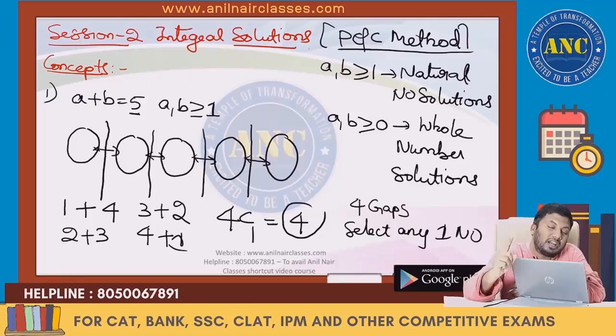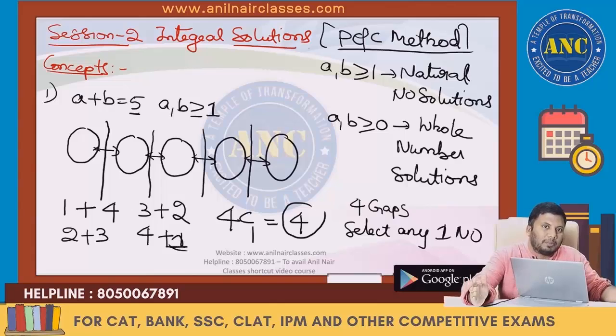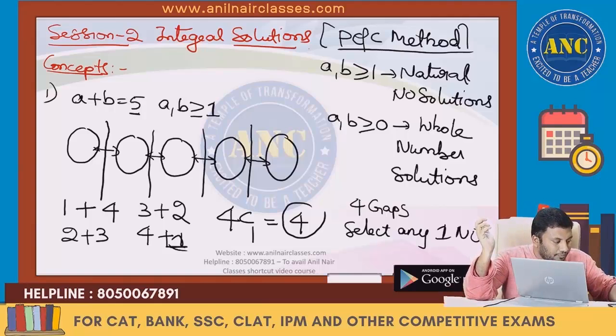Every gap you select gives one integral solution: 1 plus 4 is 5, 2 plus 3 is 5, 3 plus 2 is 5, and 4 plus 1 is 5. So selecting any one gap is 4C1. Introductory question. I hope it is clear.